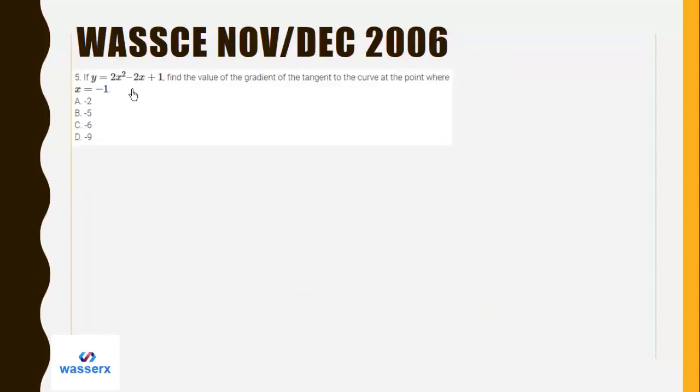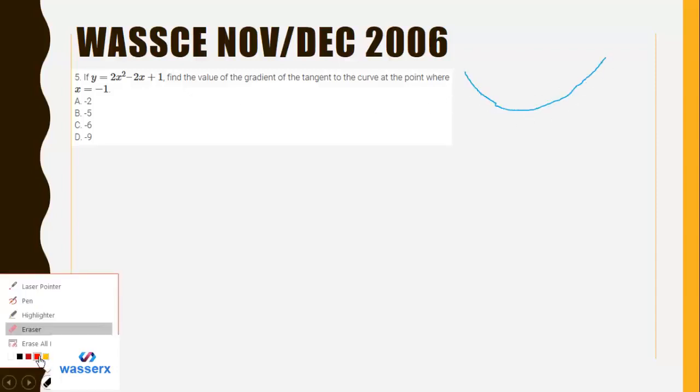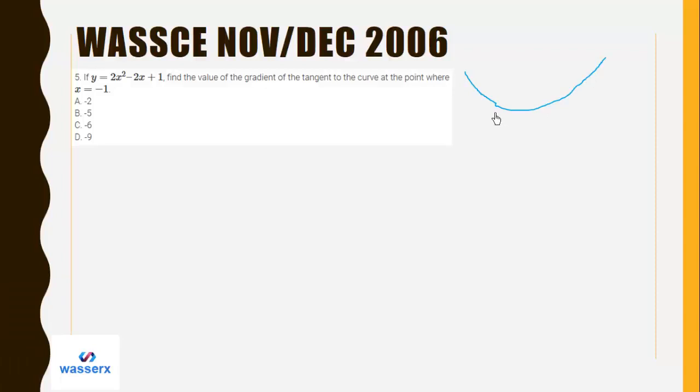Now if y equals 2x squared minus 2x plus 1, find the value of the gradient of the tangent to the curve at the point where x equals negative 1. Now we know that if you have a curve, the tangent touches the curve at only one point over here.